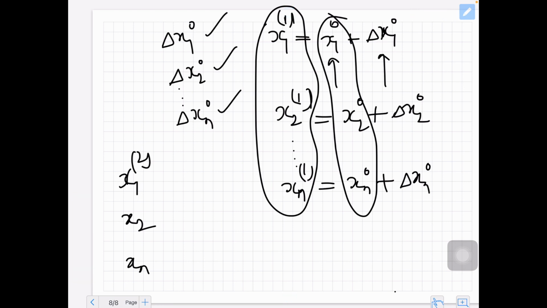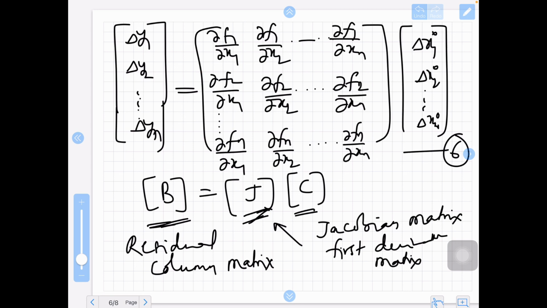So this process continues till the largest element in the B matrix or the C matrix is less than the pre-specified value.